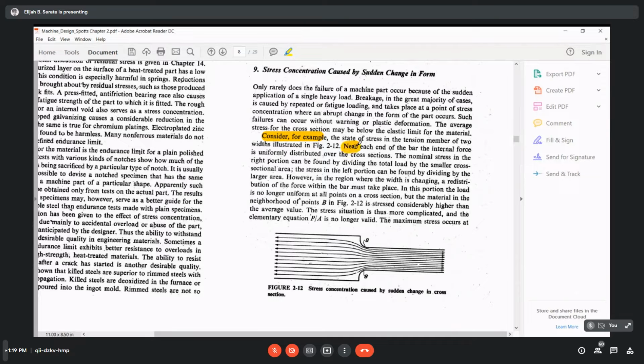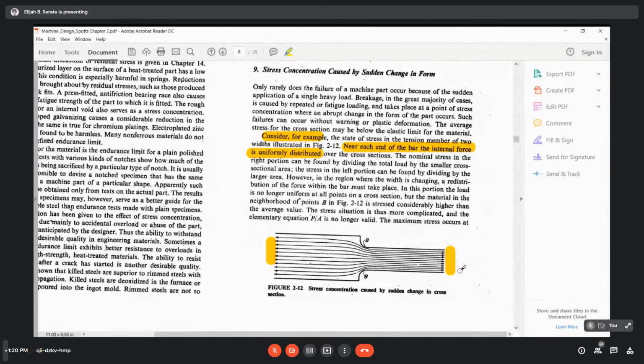Near each end of the bar, the internal forces are uniformly distributed. So meaning on this end and also on this end, they are uniformly distributed.